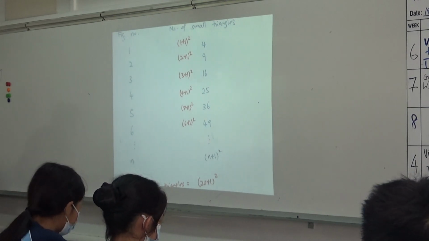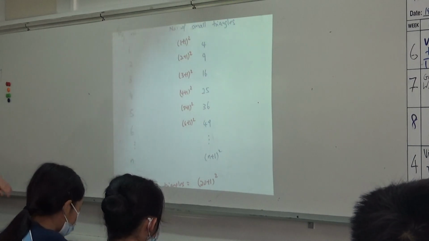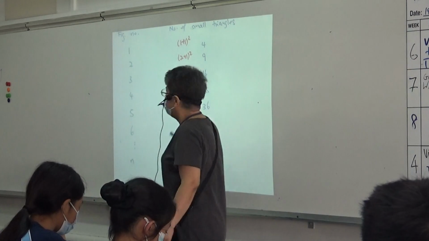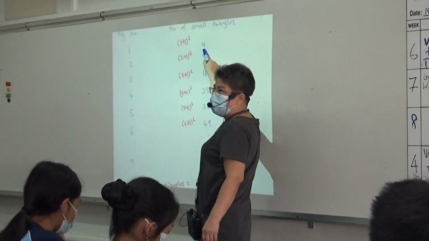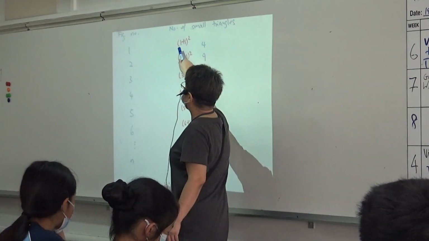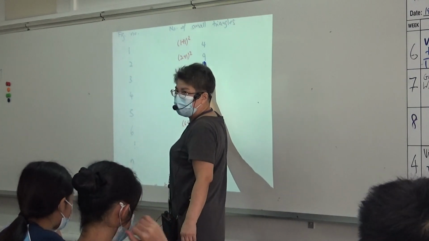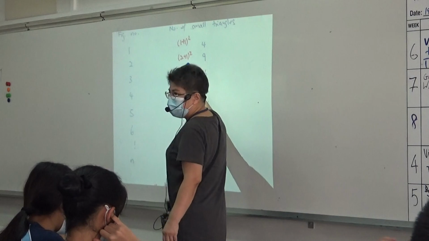Yes, right. But it may be the n one that you have problems. But let me teach you something. Do you agree this is 2 square? Yes. 2 square is what? 1 plus 1. What is 9? 3 square, right? So it's 2 plus 1, right?